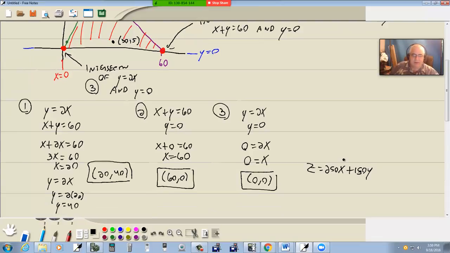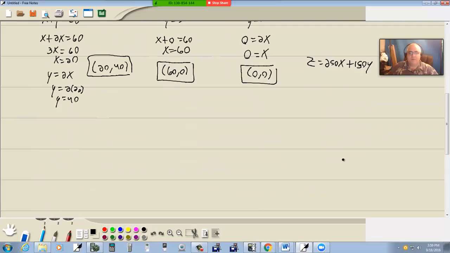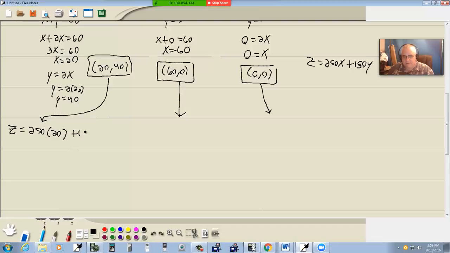Now your extreme values occur at those intersections, which means we're now going to plug each point in to z is equal to 250x plus 150y. So we got z is equal to 250 times 20 plus 150 times 40. Here we're going to plug in z is equal to 250 times 60 plus 150 times 0. And here we'll plug in 250 times 0 plus 150 times 0.